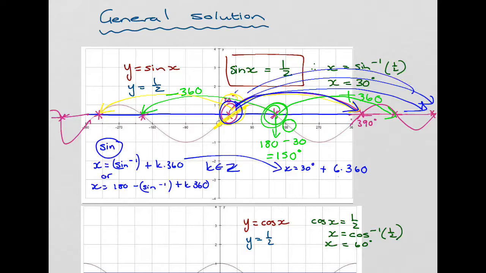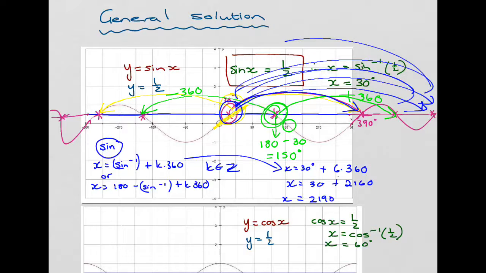So that would mean that we've hopped 6 times to get to another upslope. And so then you would work with 30 plus your 6 times 360, which would get you 2,190, and that would be another upslope in 6 hops time.